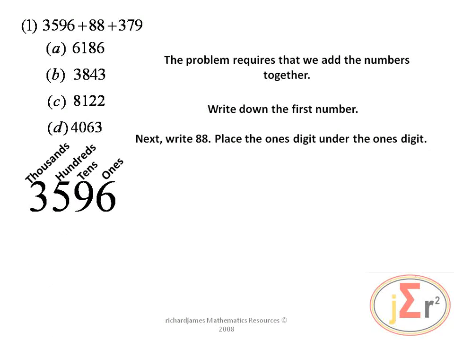Now that we have the place values, it is plain to see where the ones digit is. So we are going to put 8 under the ones digit. Then we are going to place the tens digit of 88 under the tens digit of the number that we have already written down.